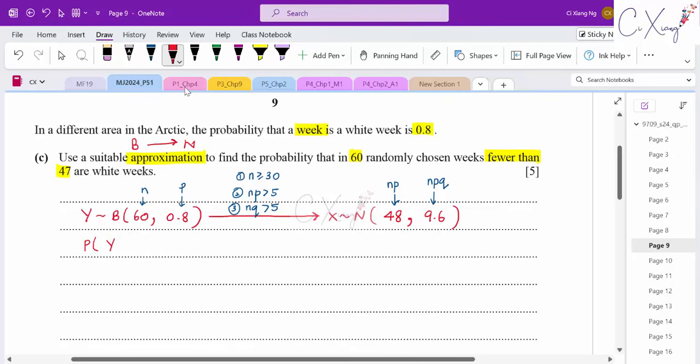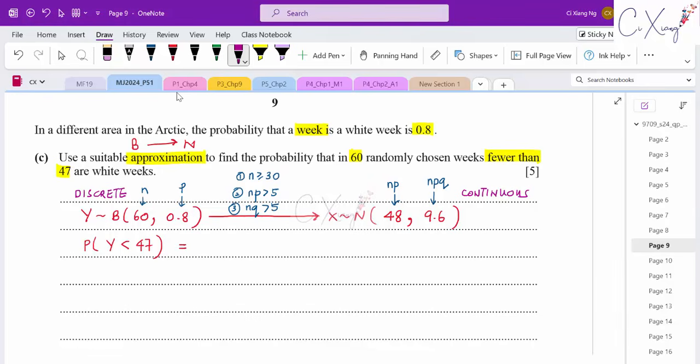They said fewer than 47, fewer, not including 47, so there's no equal sign. So this is binomial distribution. Originally, binomial distribution is a discrete random variable, and we want to change it to a continuous random variable, which is normal distribution. From discrete to continuous, there are gaps. For discrete there are gaps, but continuous has no gaps.